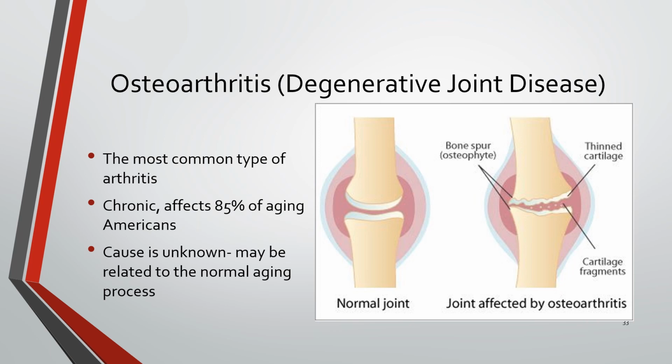That's almost everyone. 85% is a lot. The cause for osteoarthritis is unknown, and it is thought that it's maybe just related to the normal aging process. So basically, you get some thinning cartilage, and therefore you get cartilage fragments within the joint itself, and that can be pretty painful for us.